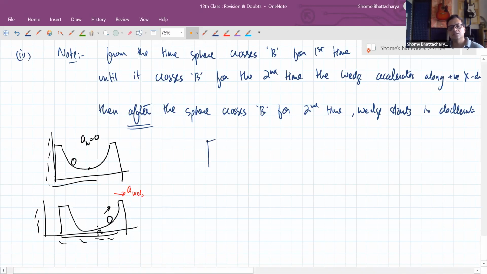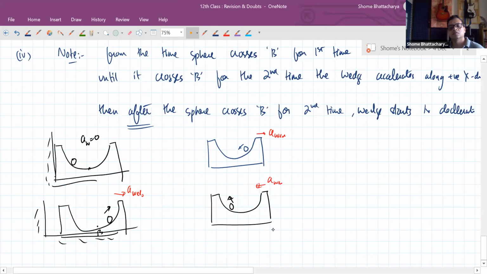Then it reaches that highest point and starts coming down, then also this is having a positive acceleration. But then as it crosses the point B, now it starts rolling up this. This is the point of time when it starts decelerating. So in between, when it reaches the lowest point for the second time, that is when the speed of the wedge is maximum.